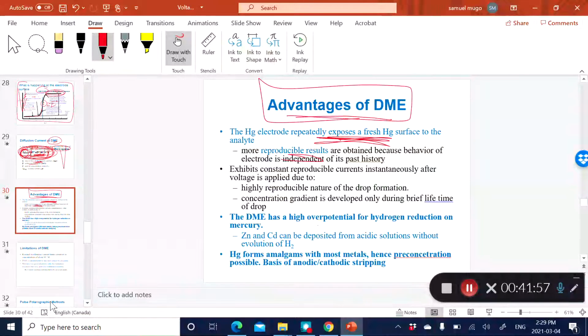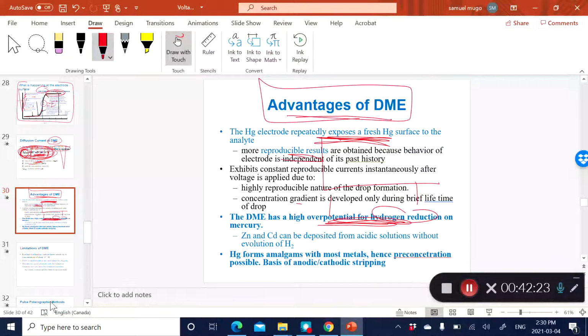Another good advantage of the dropping mercury electrode is it tends to be very, very clean in the reduction range. So when you're doing the reduction, especially in the negative voltage range, it tends to be very clean, because mercury tends to have a very high overpotential for hydrogen reduction.